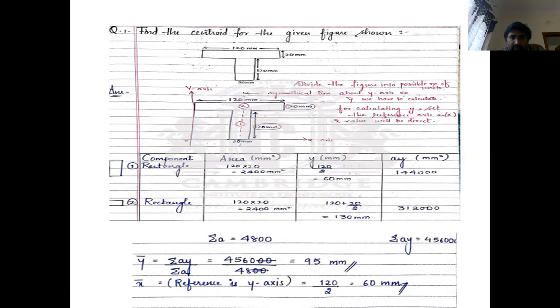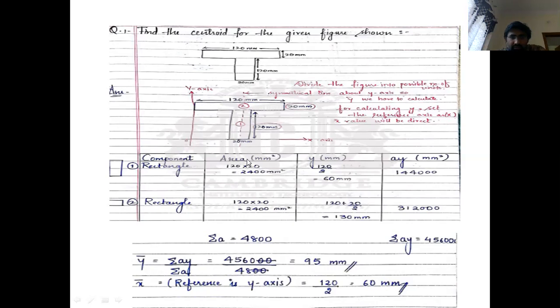I am supposed to divide this entire figure into simple components, because I know the CGs of only a limited set of figures: a rectangle, square, circle, semicircle, or quarter circle. If you divide this entire T section into two parts, let us take this as the first section. This one acts as one rectangle, and similarly this one also acts as the second rectangle. So I have divided it into components: the first component will be a rectangle, and the second component will also be a rectangle.